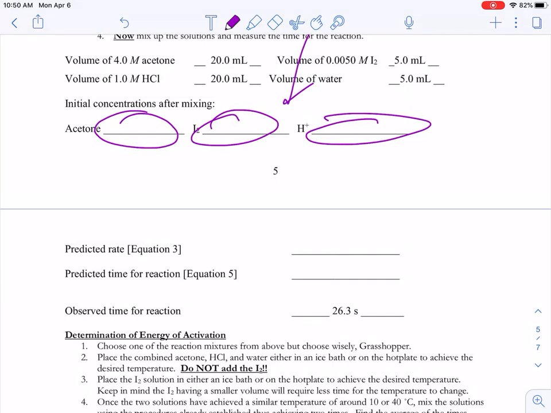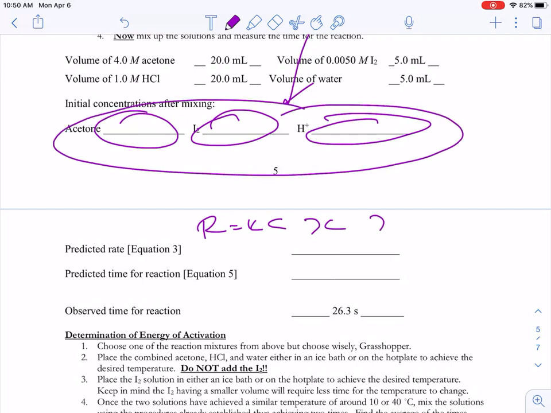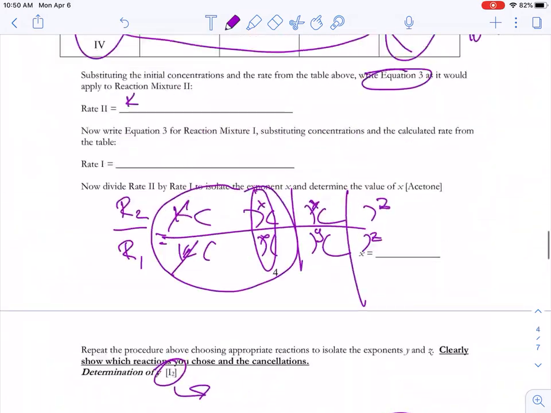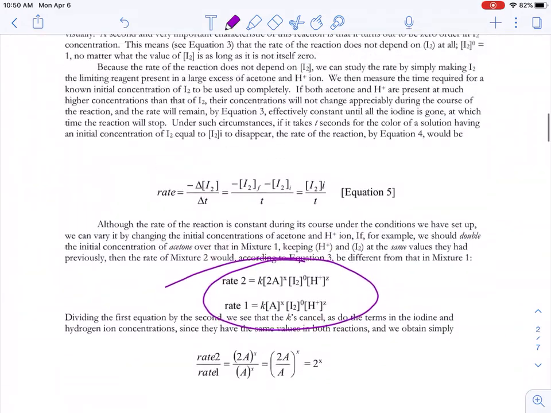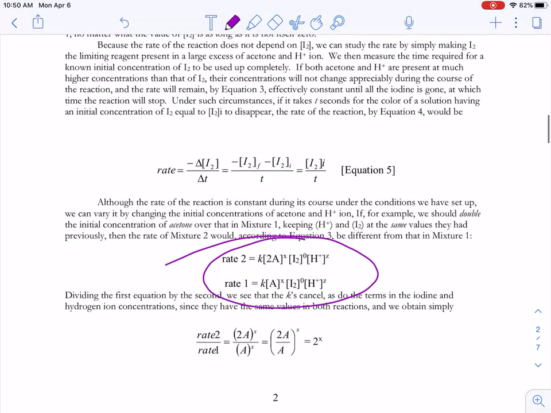Then, knowing those values, you're going to go, oh, R equals K times the concentration times the concentration. So you're going to know the numbers that you can put in here. Then, once you get this, you're going to go to equation 5, okay? And equation 5 is up here.